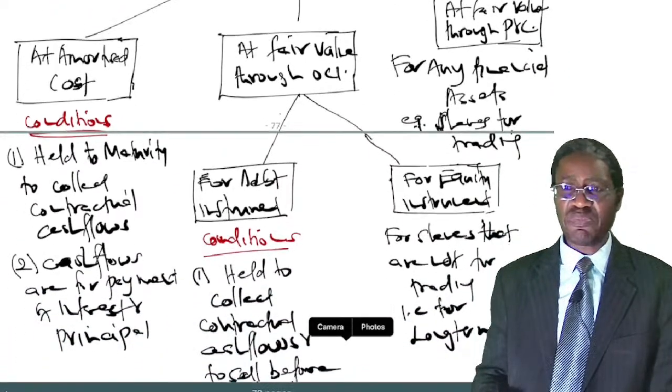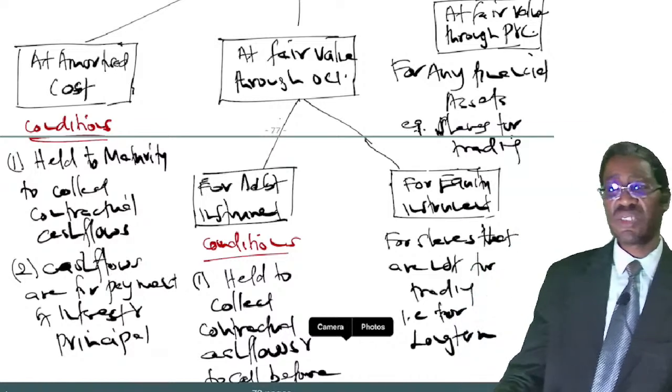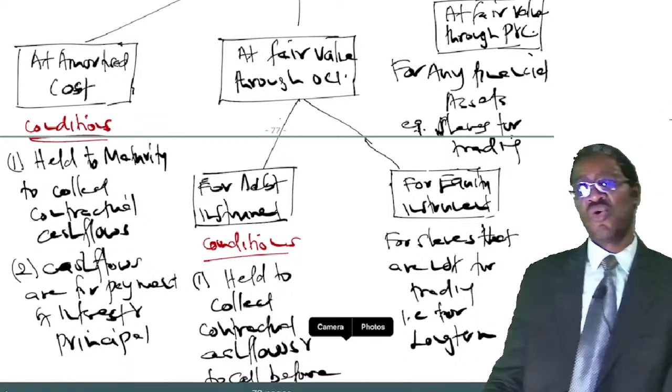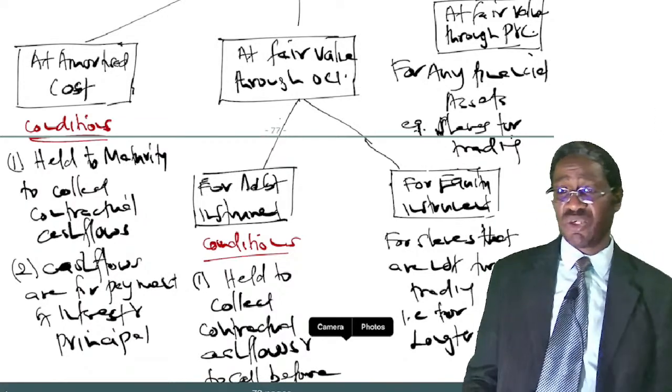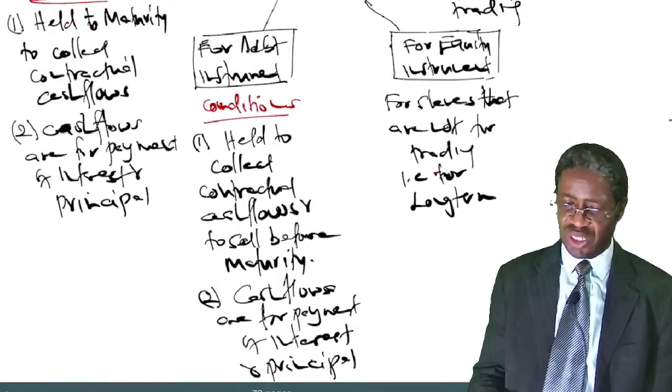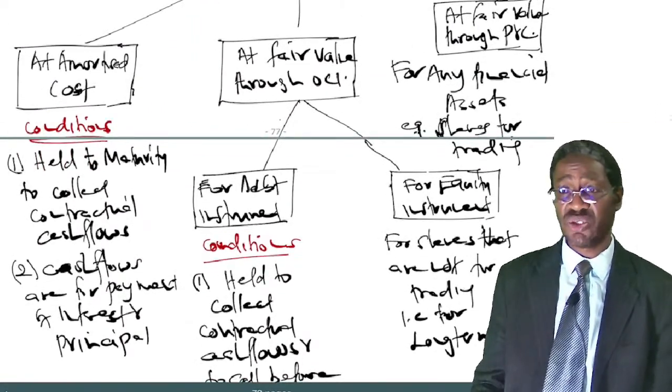Then I move up. Hope you are through now. Then for at amortized cost, that's where we are starting, we gave those two conditions.